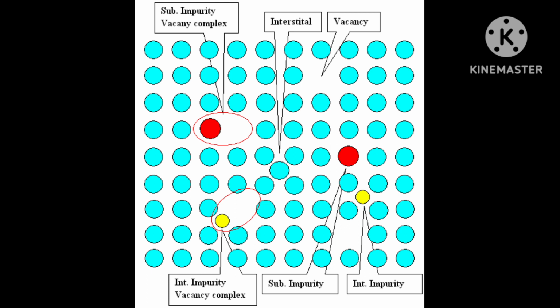I told you that under the vacancy defect there are two, interstitial defect and vacancy defect, and that comes under the point defect.